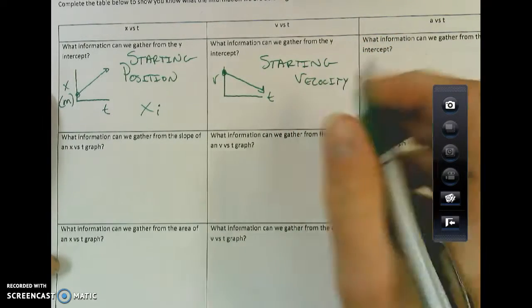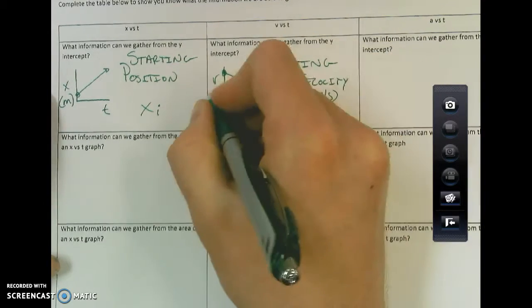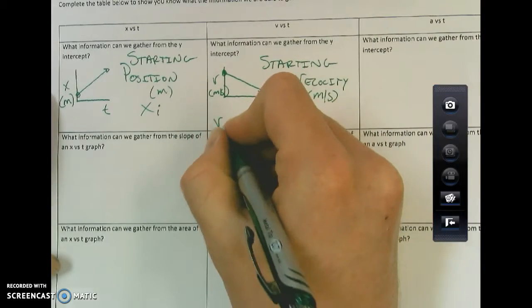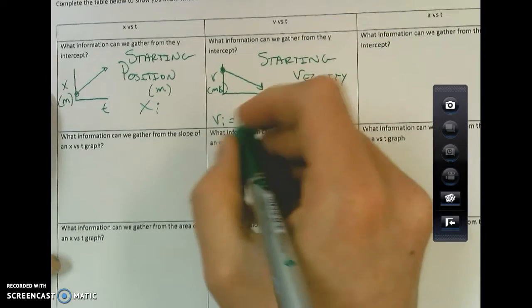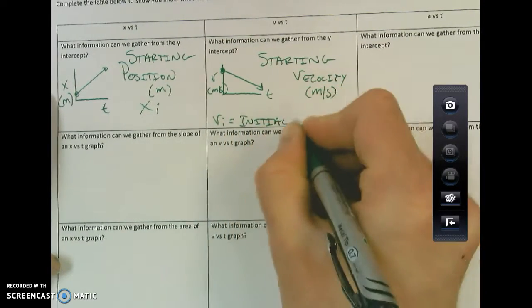Now, in this class, by the way, velocity is measured in meters per second, and position is labeled in meters. Okay. Well, starting velocity, we use the abbreviation vi, which is the same thing as starting velocity, but in this case, it's the initial velocity.